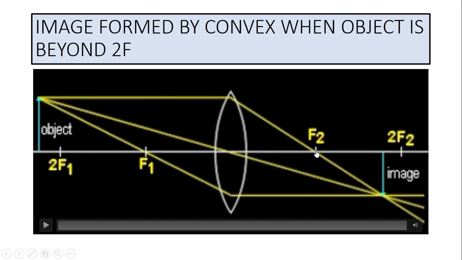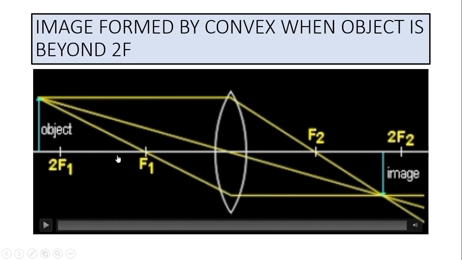For example, if 20 centimeter is the focal length, mark 20 centimeter here as f, here c or 2f, and on this side also f and c or 2f. Then we can do the experiments.